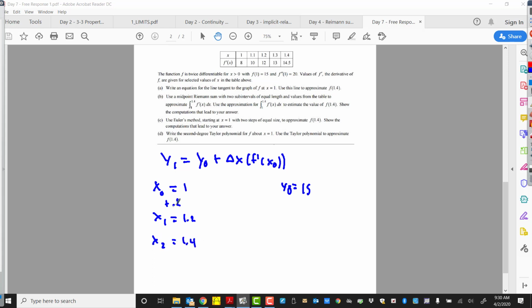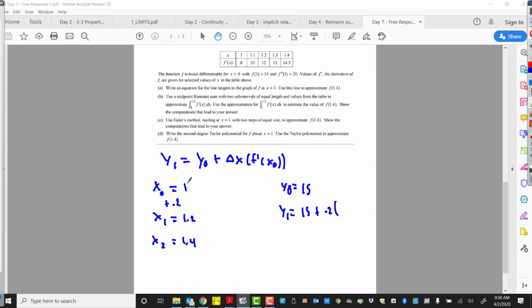All right, so we have delta x, that's that 0.2, and we have what we're looking for. So to get y1, we're going to do y naught, 15, plus delta x, which is 0.2, times our slope at our previous x value.